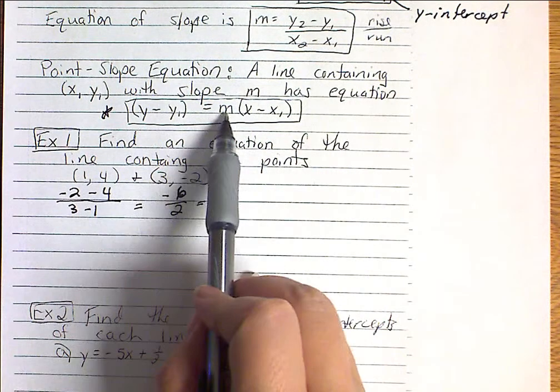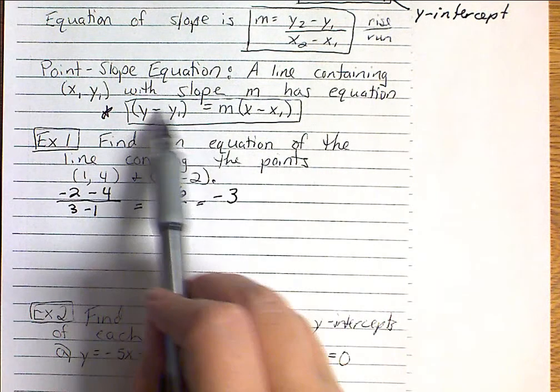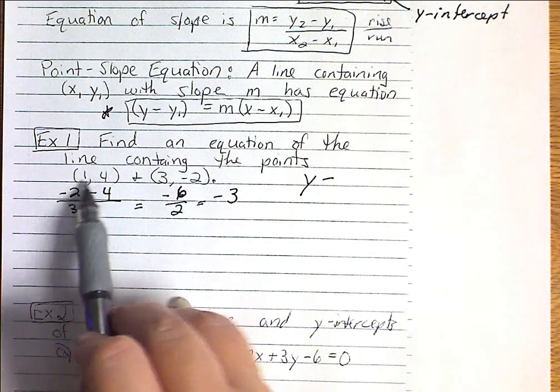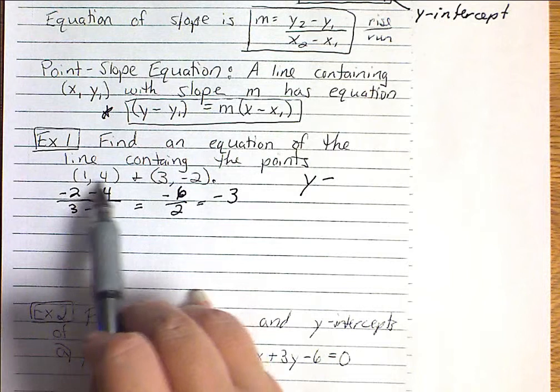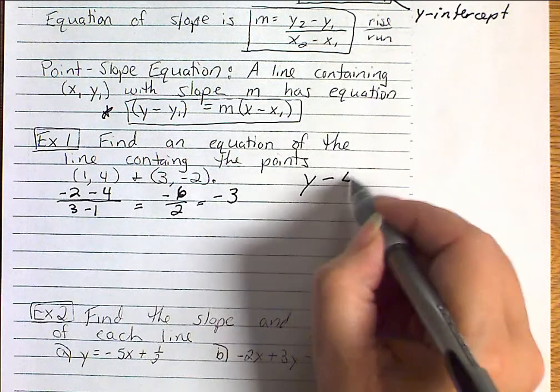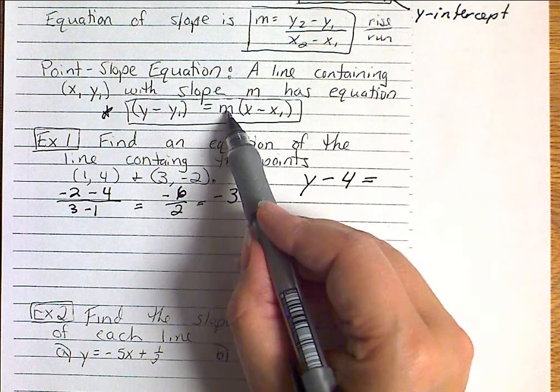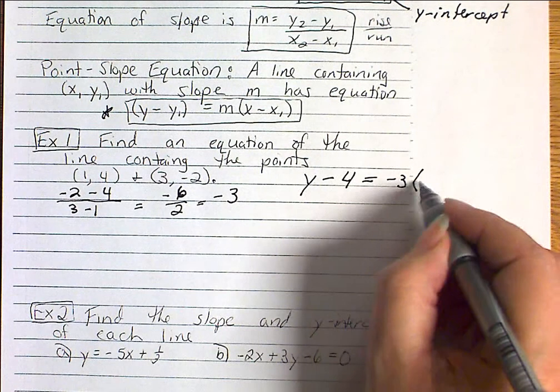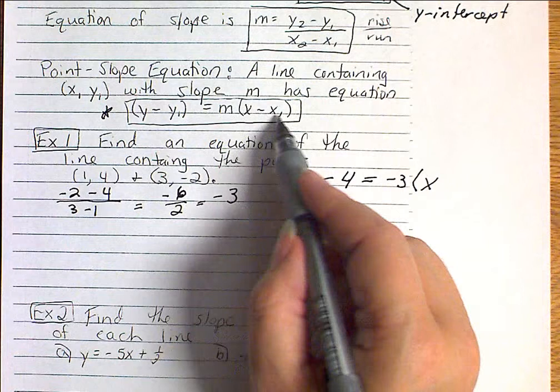So now we're going to use this. It says y minus the first point. So we have y minus, what's my y1? 4 is equal to the slope, so you have a -3 times your x minus x1, so -1.